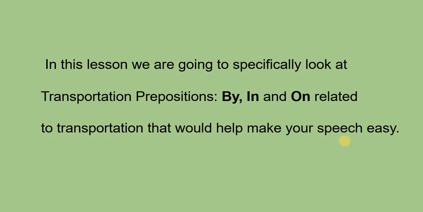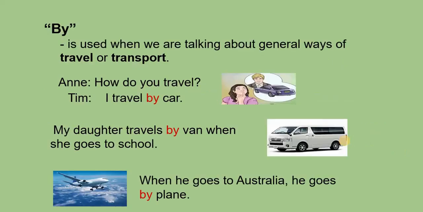So, let's get started. Now, the first preposition that we're gonna look at is by. When do you use by? When we are talking about general ways of travel or transport. So, for example, how do you travel? I travel by car.